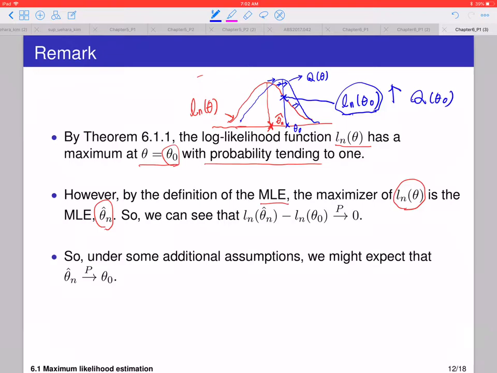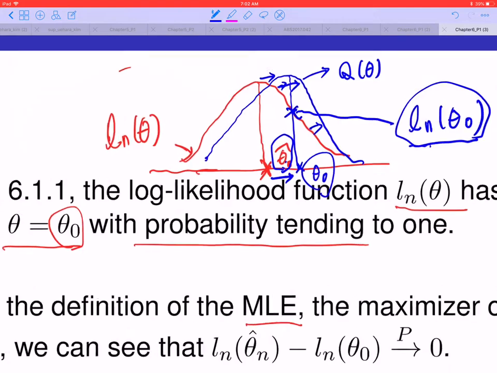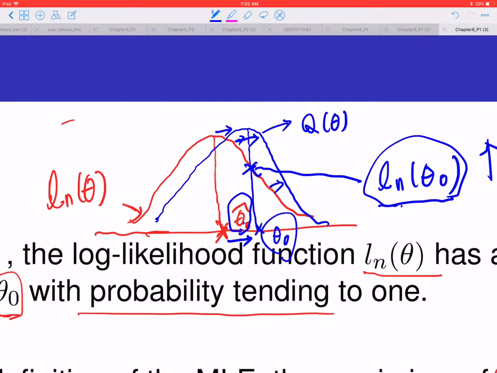So basically this maximizer, zeta hat n, will move to zeta 0, right? I don't know how large you can see, but that is the kind of explanation.